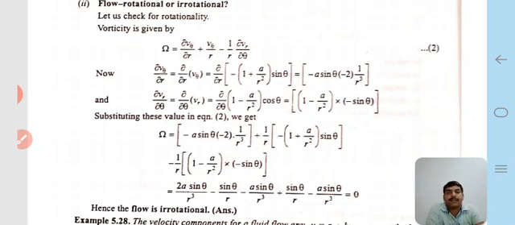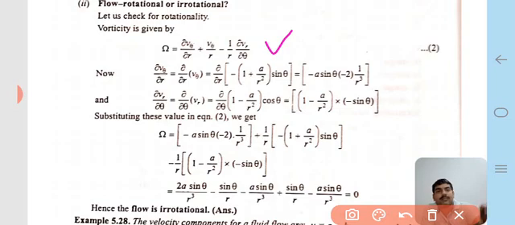Let us check rotationality, that is the vorticity, which is given by omega equal to del v theta upon del r plus v theta upon r minus 1 upon r del v r upon del theta.